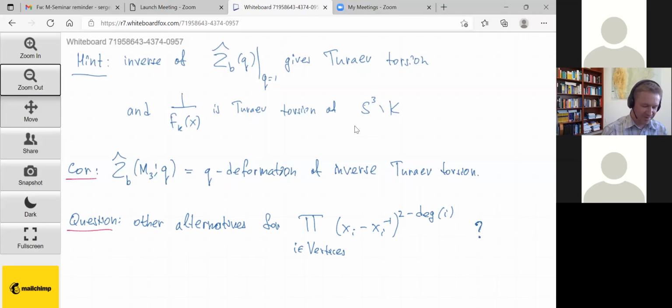And the answer to this was surprisingly not known or not studied systematically until recently.